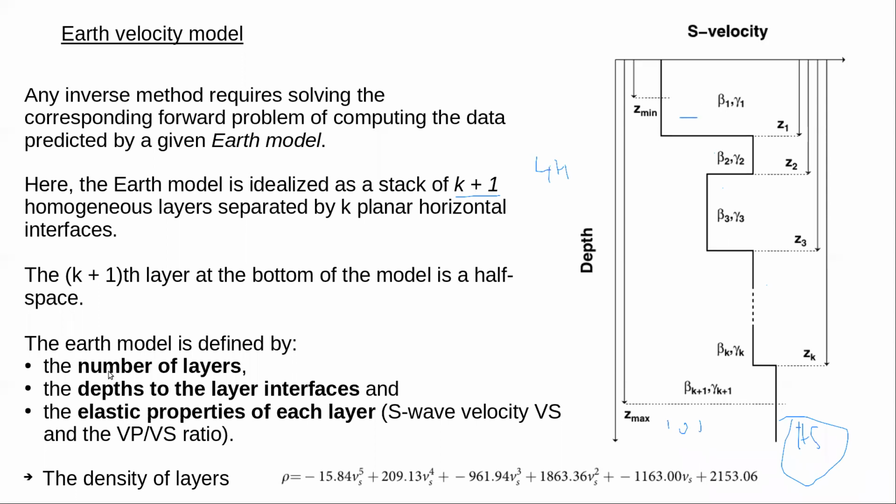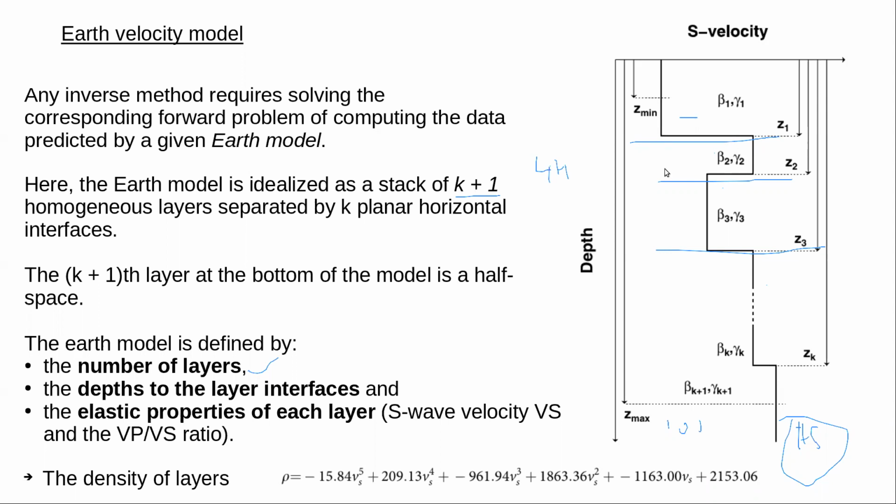So here we have the number of layers and the depth to each layer interface; these horizontal lines are the layer interfaces. Then we define some elastic parameters for each layer, because the velocity is some combination of elastic properties. You remember the definition of P and S wave velocities.